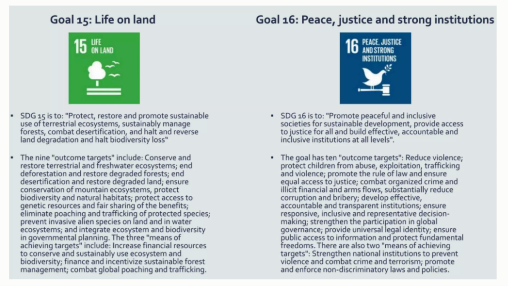The goal has 10 outcome targets: reduce violence, protect children from abuse, exploitation, trafficking, and violence, promote the rule of law, and ensure equal access to justice, combat organized crime and illicit financial and arms flows, substantially reduce corruption and bribery, develop effective, accountable, and transparent institutions, ensure responsive, inclusive, and representative decision making, strengthen the participation in global governance, provide universal legal identity, ensure public access to information, and protect fundamental freedoms.